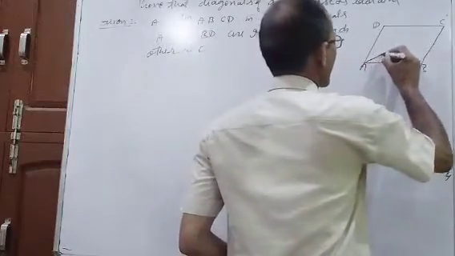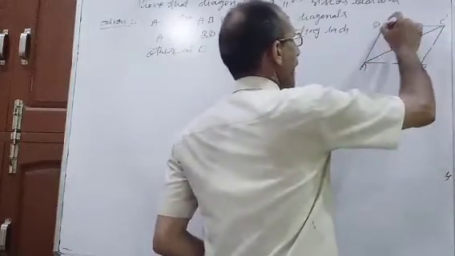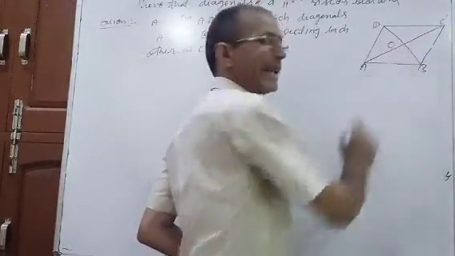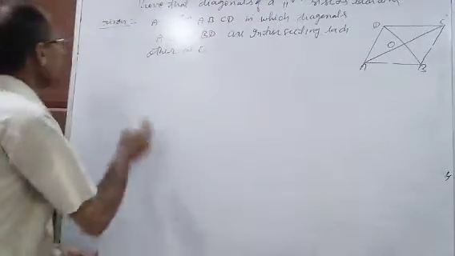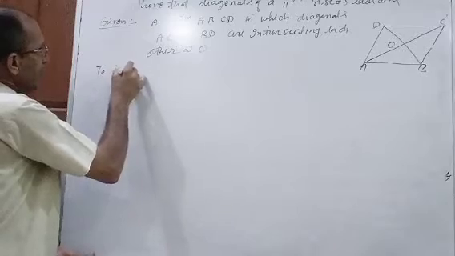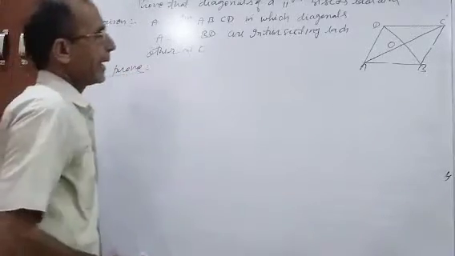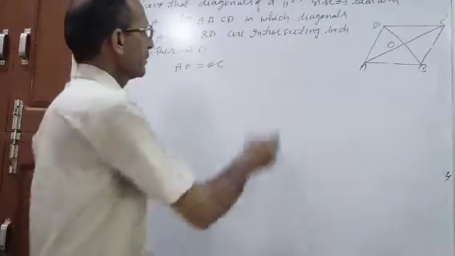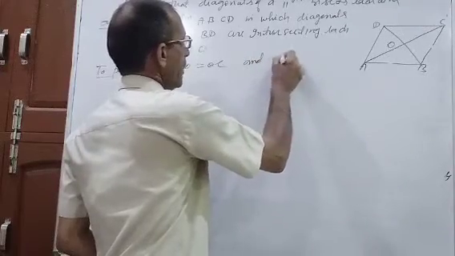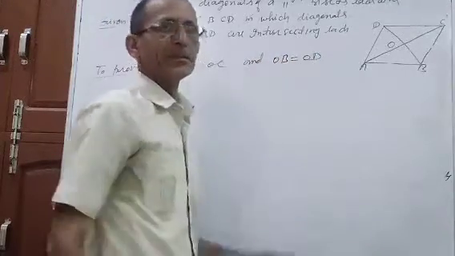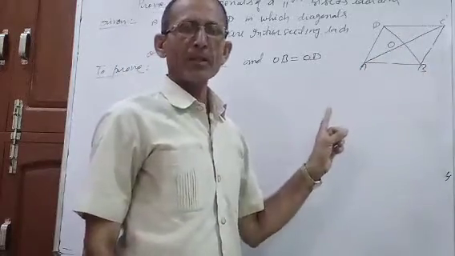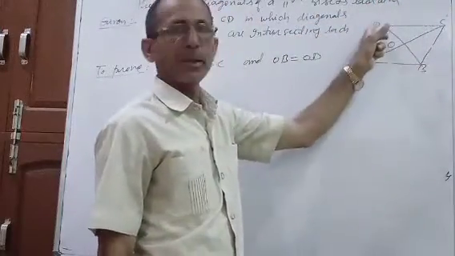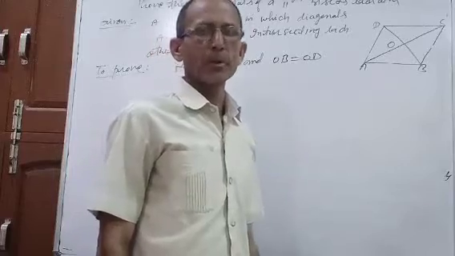Now these are the diagonals AC and BD, which are intersecting each other at O. So we have to prove AO is equal to OC and OB is equal to OD. We have to prove diagonals of a parallelogram bisect each other. It means AO equal to OC and OB is equal to OD. This part we have to prove.